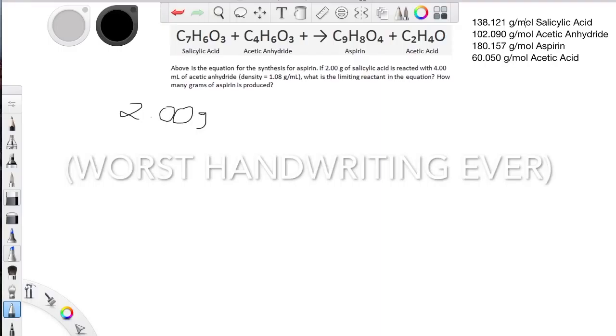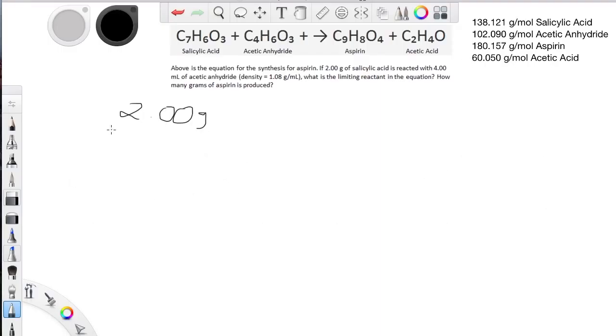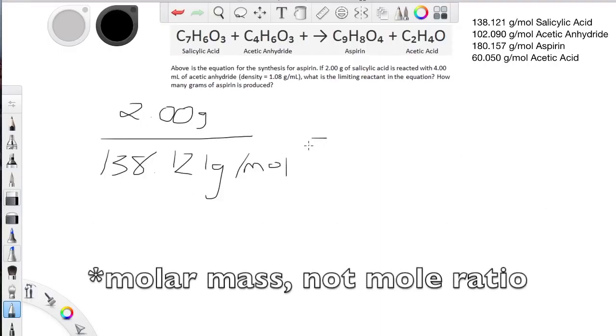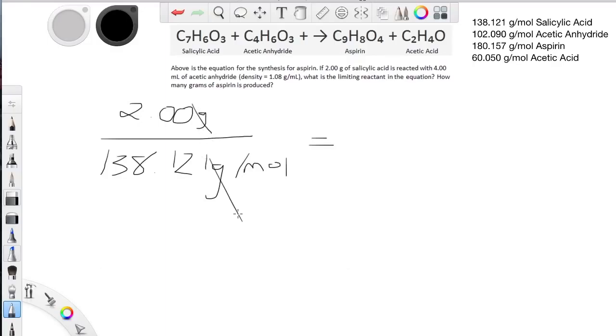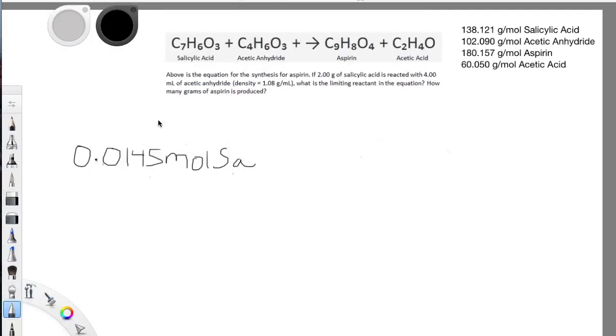and we look up here and we have our molar mass of salicylic acid. So when we divide these, our grams cancel, we end up with moles. Once we calculate that, we are going to use the mole conversion factor to find how much aspirin we're going to produce.